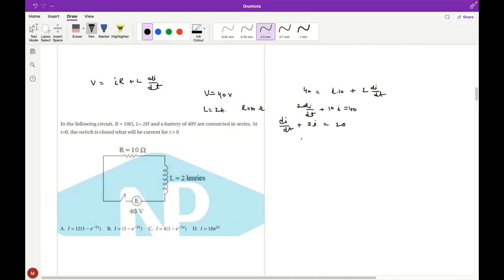So this is again a linear differential equation with P(t) equal to 5. So the solution is given by I e to the power 5t equal to the integral of 20 e to the power 5t dt plus c.